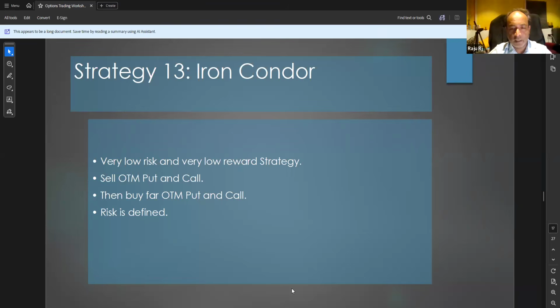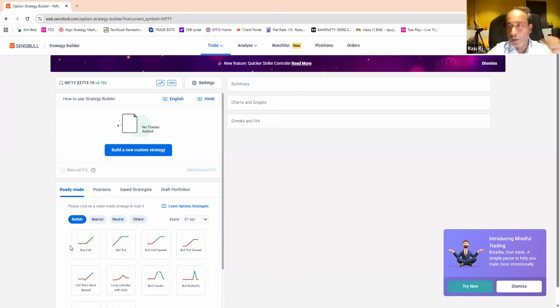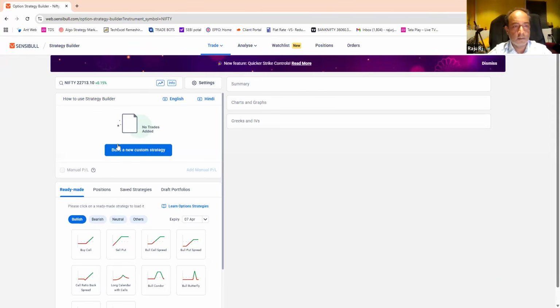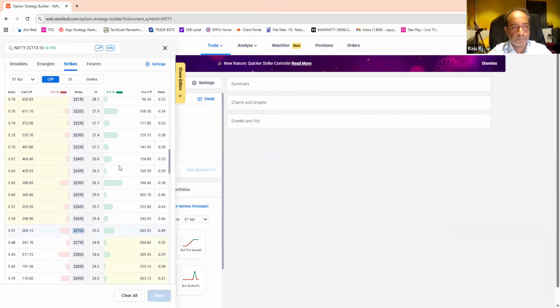Let me share my other screen. So let us build a small iron condor in the Nifty. To build this strategy, you can just come here.